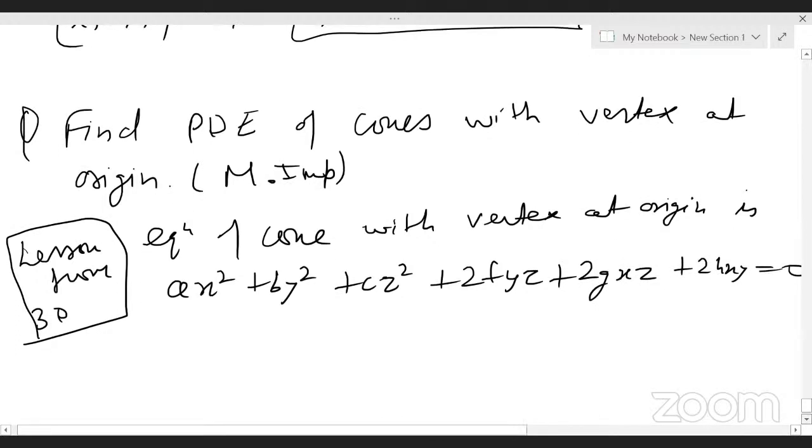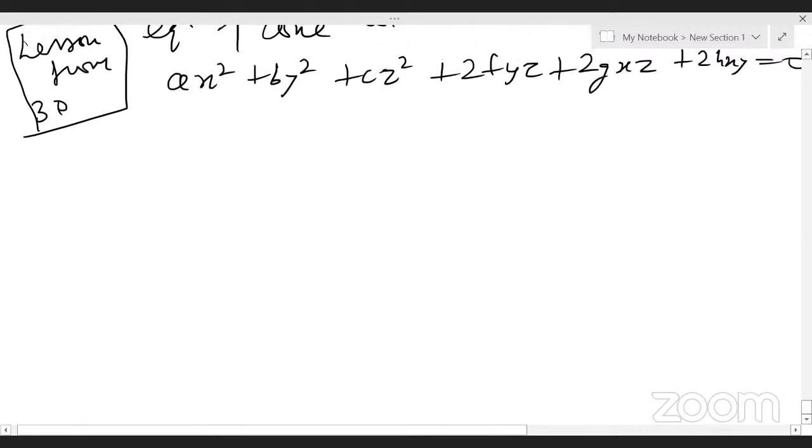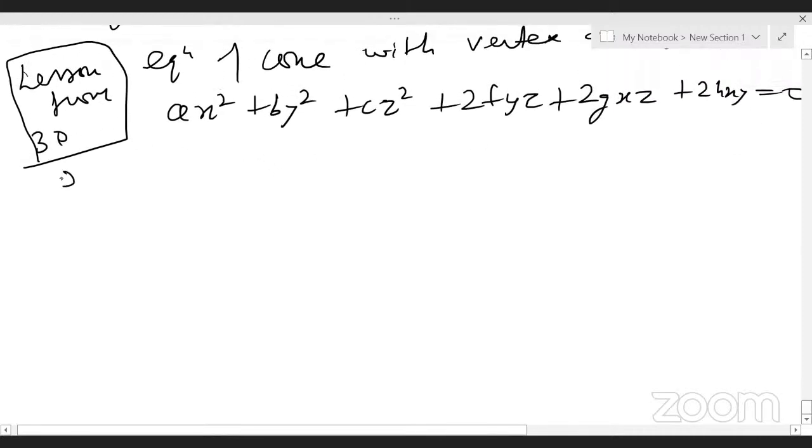Now what we do is, this is the equation. Now differentiate with respect to x.